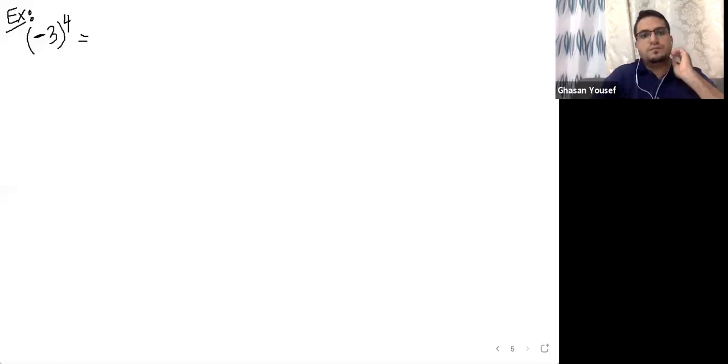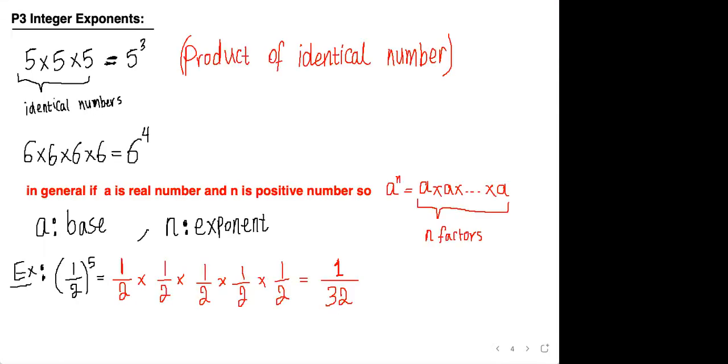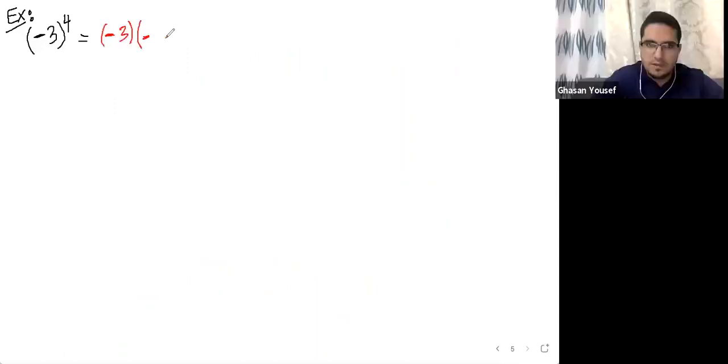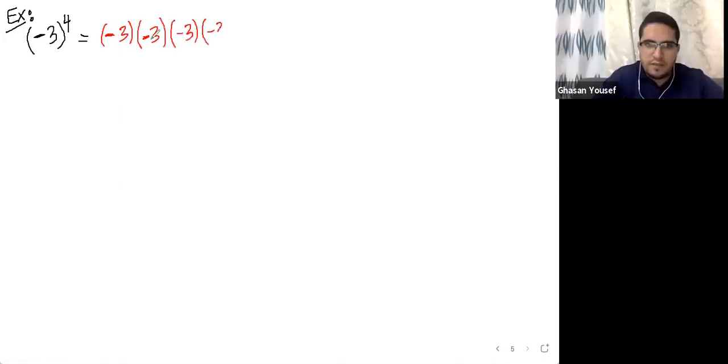So the next example is (-3) to the power 4. What is that equal? We'll do it step by step. -3 times -3 times -3 times -3, four times.